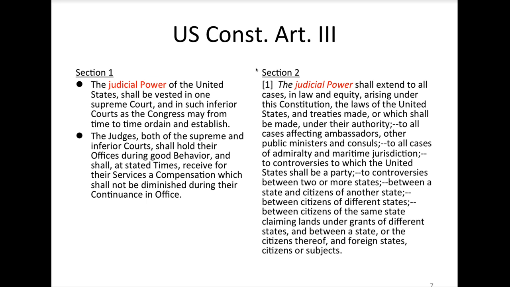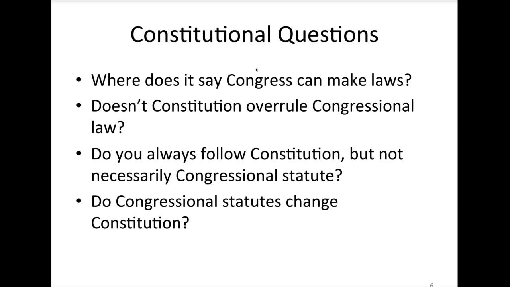So there is nothing for the Constitution to overrule, because the Constitution doesn't really say federal courts can hear certain cases. It doesn't give them any power, so there is no overruling. It's true that there's a supremacy clause, and when the Constitution governs the exact same thing, gives the exact same power, it would overrule, but not always, if that doesn't apply. So the next question is, do you always follow the Constitution but not the congressional statute?